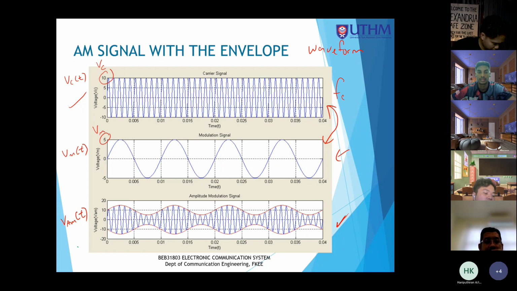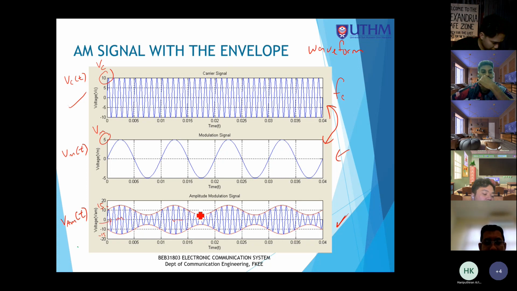Okay, dan kalau you lihat di sini, kalau you lihat untuk double sideband full carrier, dia punya maximum here adalah 15, 10 tambah 5 tadi jadi 15. Okay, so dan kalau you lihat di sini adalah minus 15. So signal AM adalah yang color biru dalam ni.